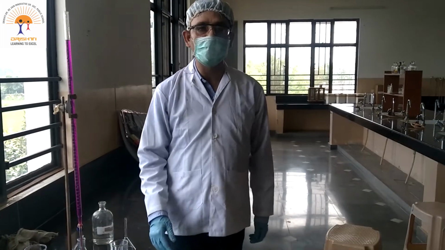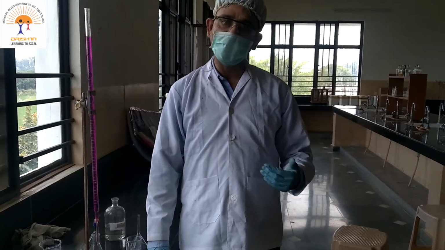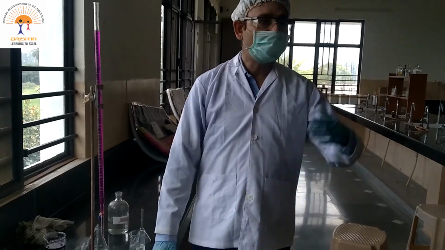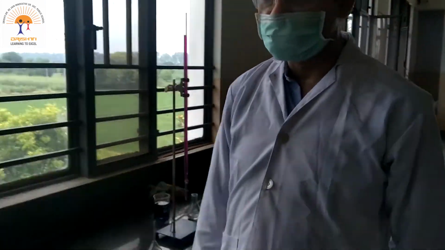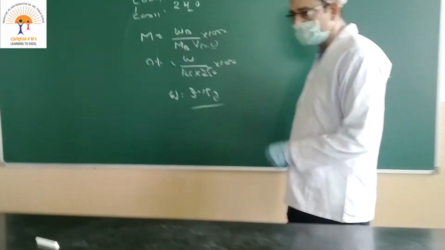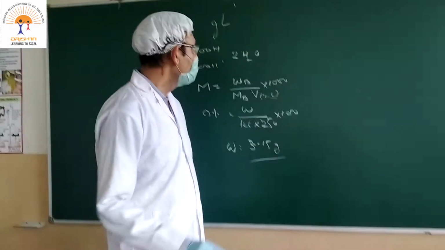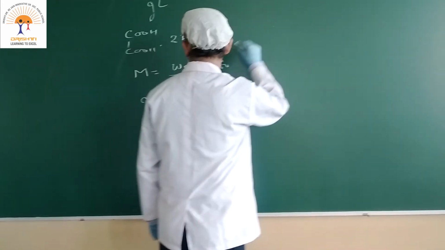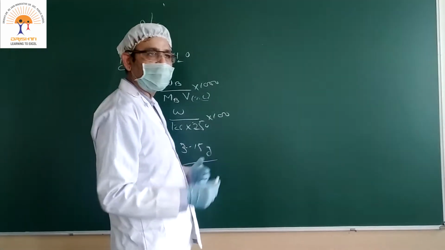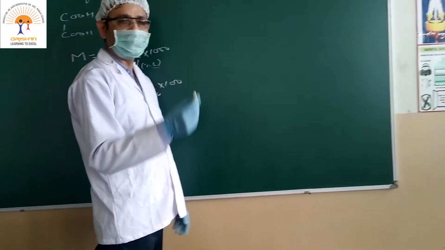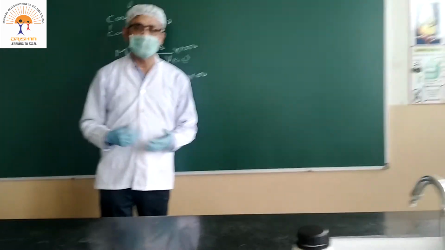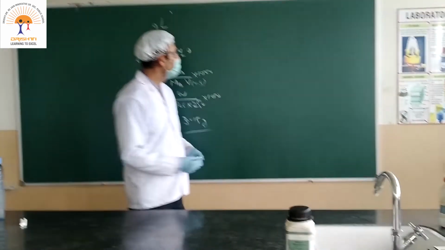M1 V1 upon N1 is equal to M2 V2 upon N2. Let us go back to the calculation board now for the final calculation part. We take the reading 1 milliliter. So this oxalic acid reacts with the potassium permanganate and the stoichiometric coefficients are 2 and 5, as we studied in electrochemistry and redox reactions.